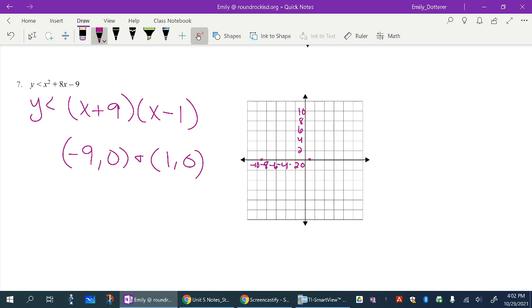And then the only thing we would have to do now is find our vertex and actually draw the curve and do the shading. So just one more point. Okay, so x value of our vertex is negative 4.